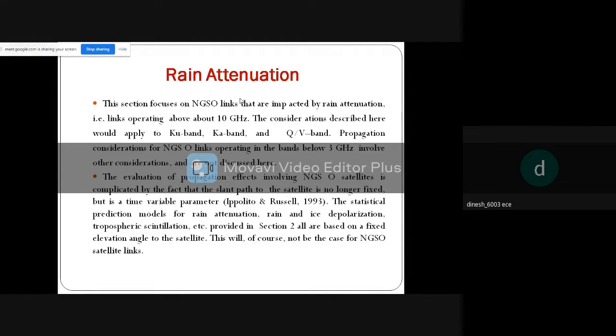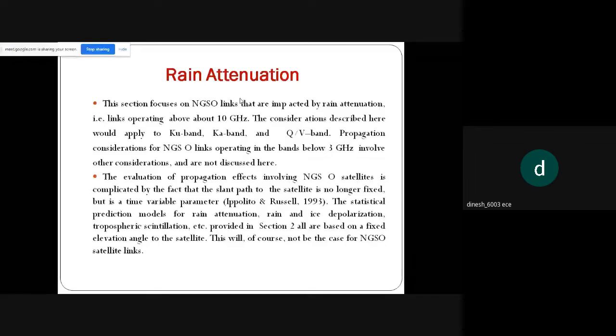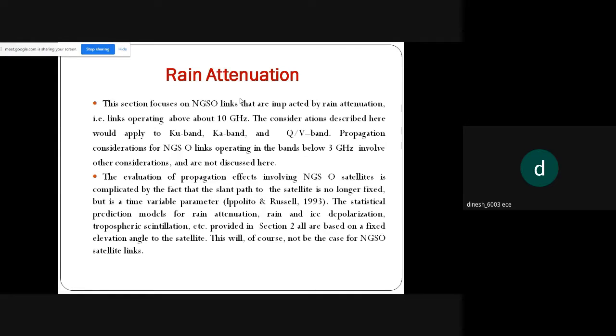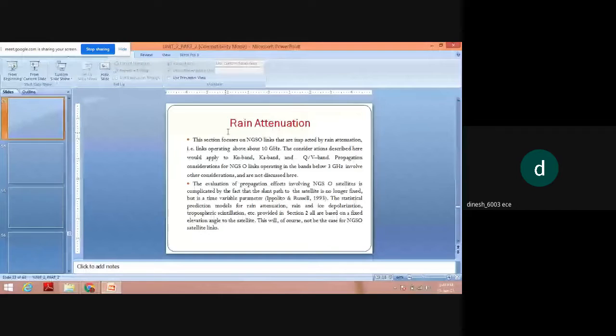So the considerations described here would apply only to the following bands: one is Ku band, another one Ka band, another one Q band and V band. The propagation considerations for non-geostationary orbit links, which is NGSO, operating below 3 gigahertz are not considered here.